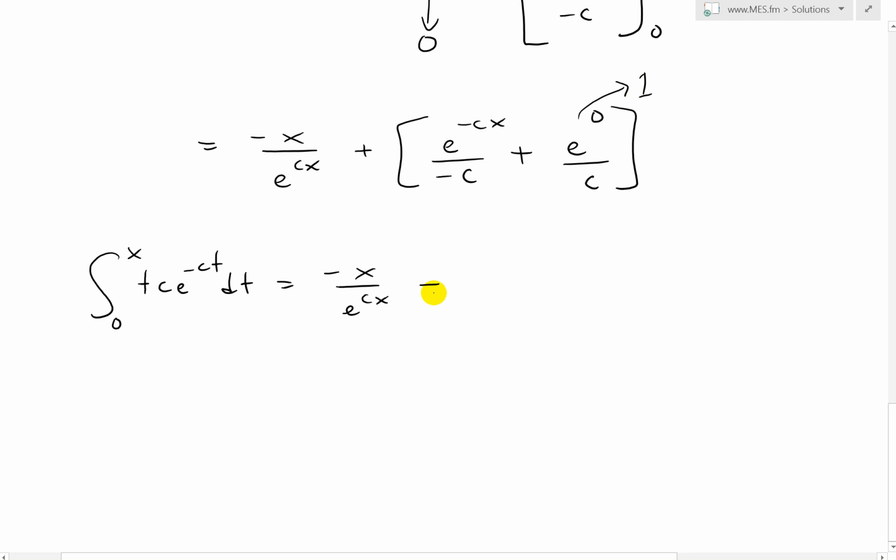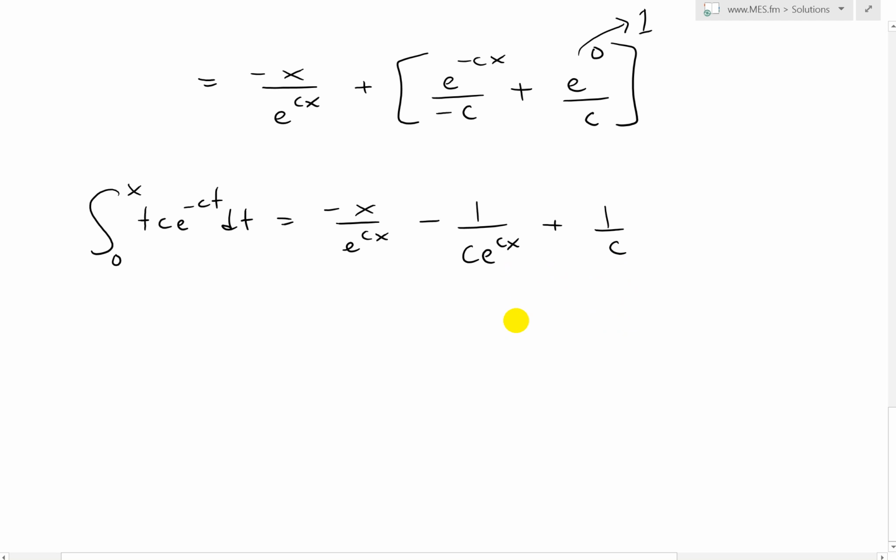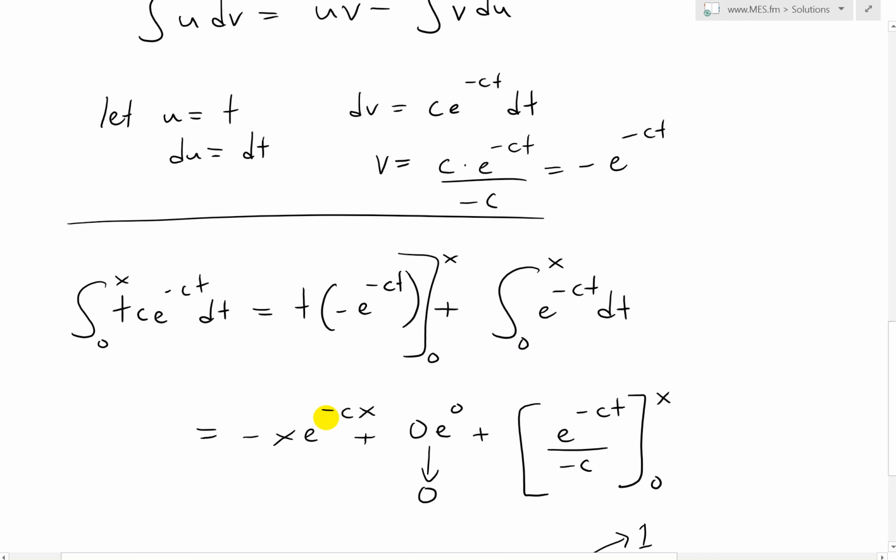So now we have minus 1 over c e to the cx, plug in this cx. This will make more sense when we do the limit. Then plus finally 1 over c. So that's what this integral equals.